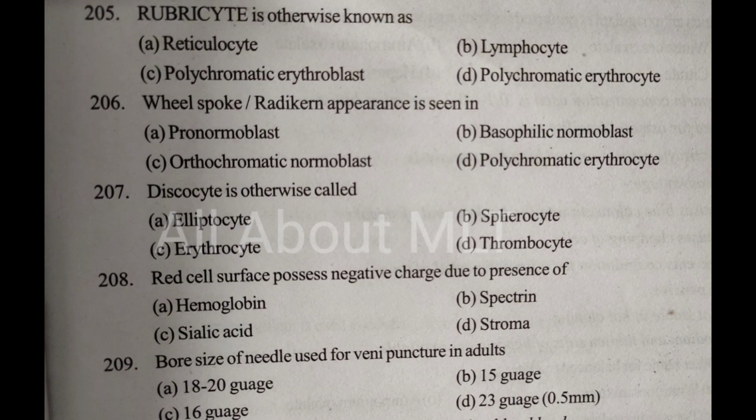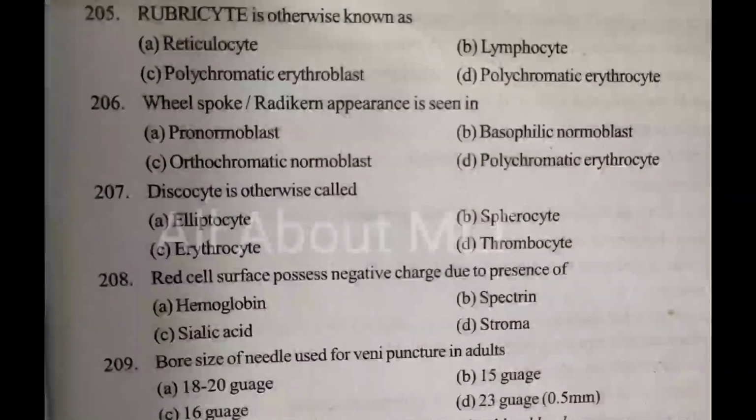Wheel spoke or radicon appearance is seen in: option A pronormoblast, option B basophilic normoblast, option C orthochromatic normoblast, option D polychromatic erythrocyte. Answer is option B basophilic normoblast. Discocyte is otherwise called: option A elliptocyte, option B spherocyte, option C erythrocyte, option D thrombocyte. Answer is option C erythrocyte.